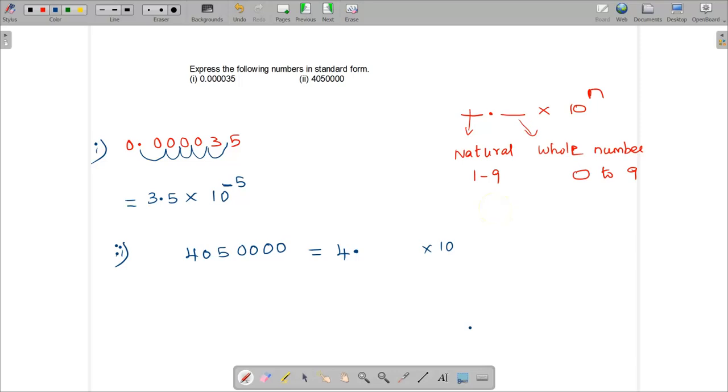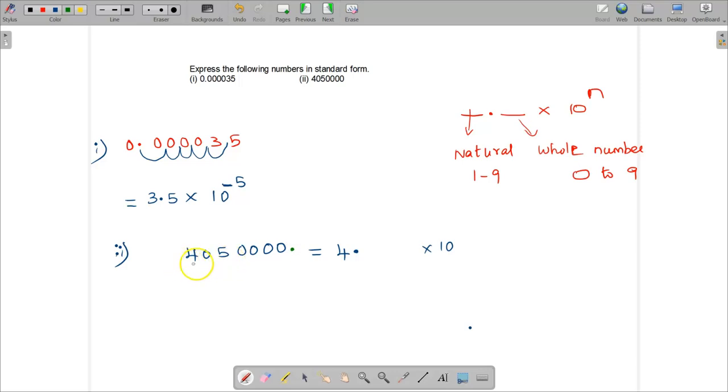Here it is a whole number where I don't have any decimal point. If there is no decimal point, it means we have the decimal point at the end of the number.